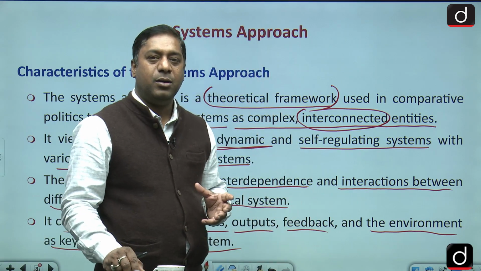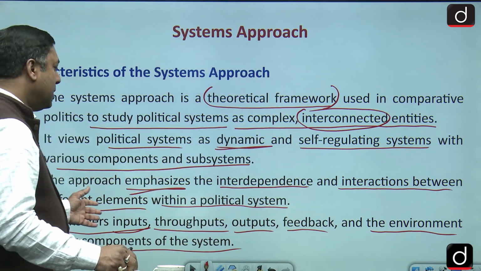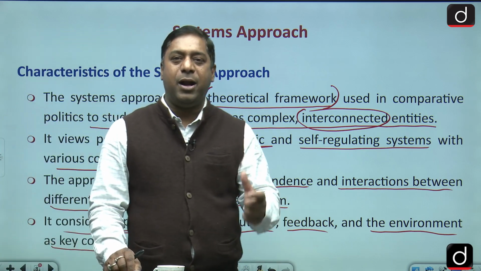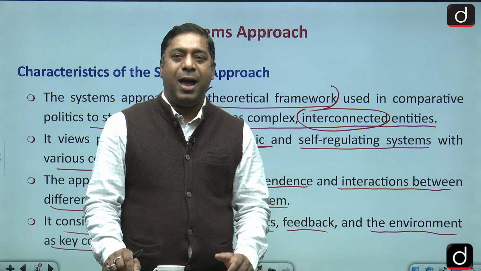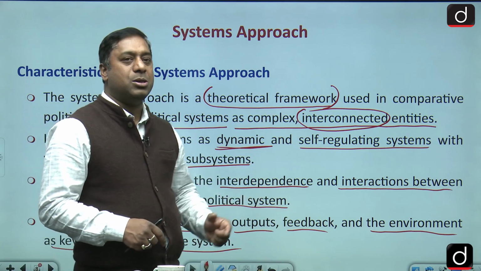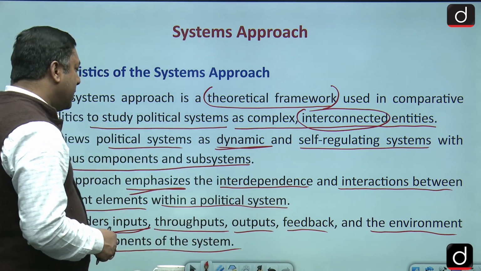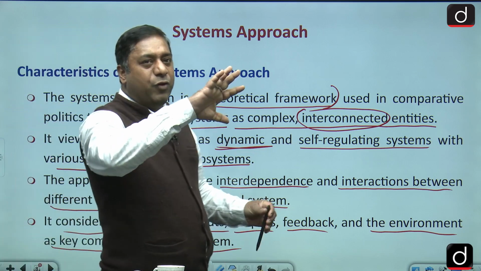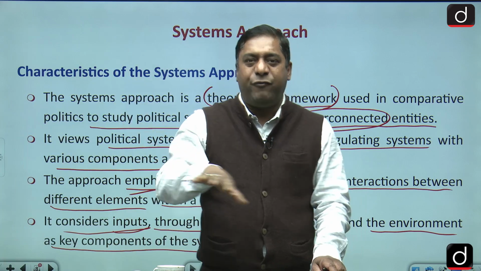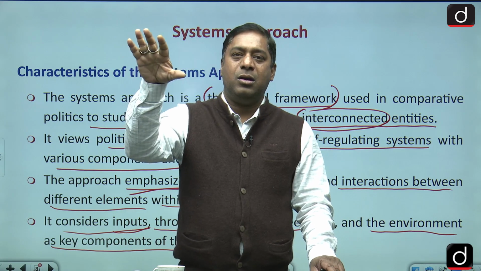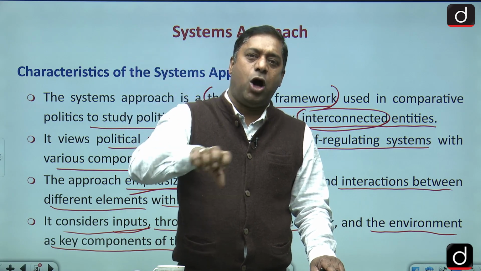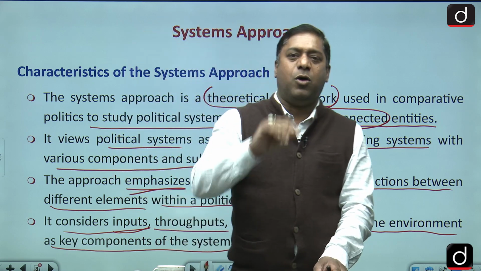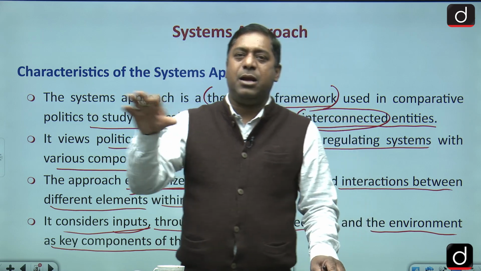And the next point it says that this approach emphasizes the interdependence as well as interactions between the various elements within a political system. That means within that theoretical framework, see here the political system is what? A theoretical framework.